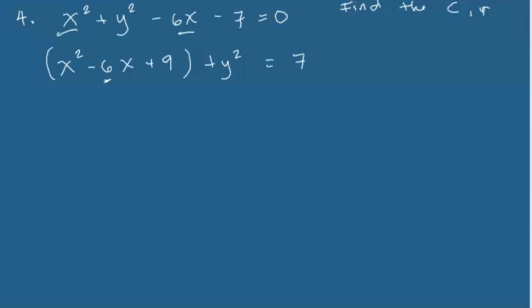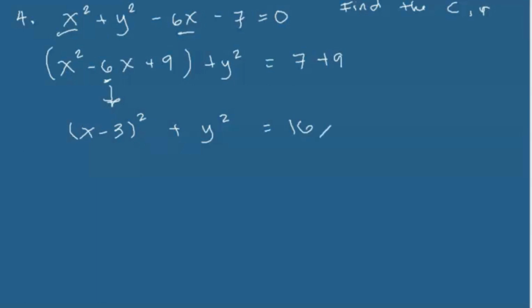So we add 9 on this left side. We also need to add 9 on the right side. What we do on the left side, we do also on the right side. So let's factor this out. This would be (x minus 3) squared plus y squared is equal to 16.